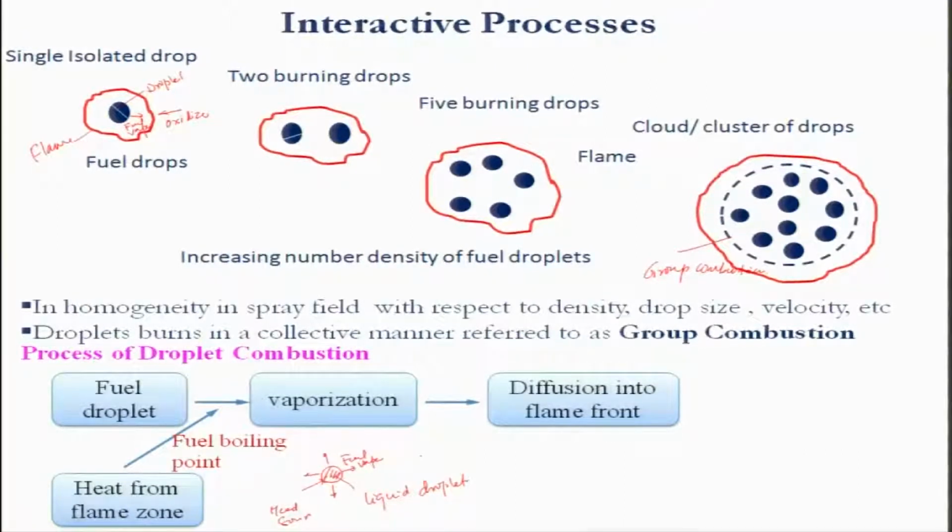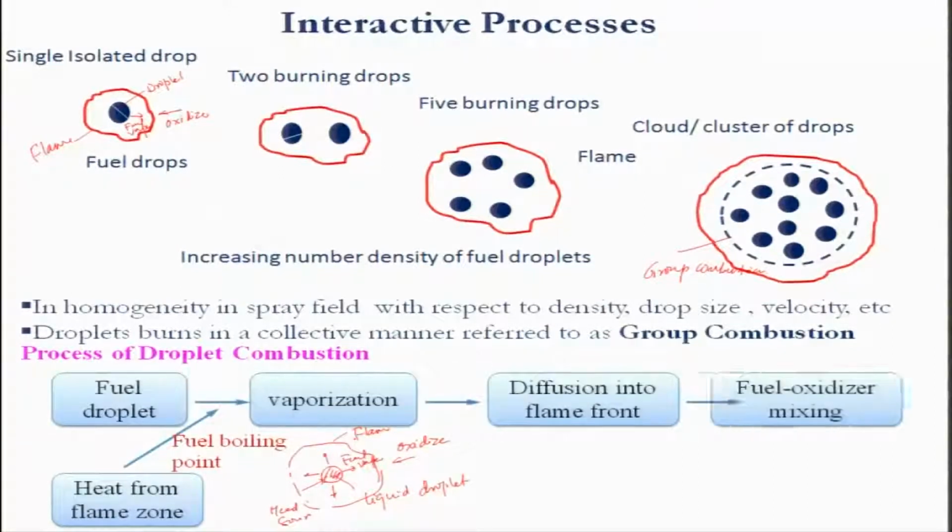And similarly this is a quiescent atmosphere, so therefore oxidizer will be coming towards that also, and whenever they meet, some kind of flame, I can say this is your flame, will be formed. And fuel and oxidizer will be mixing at the surface of the flame.